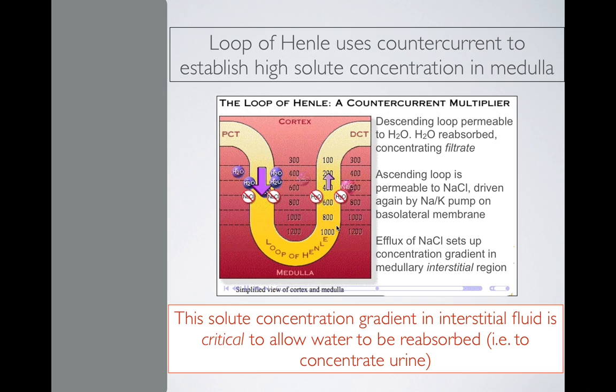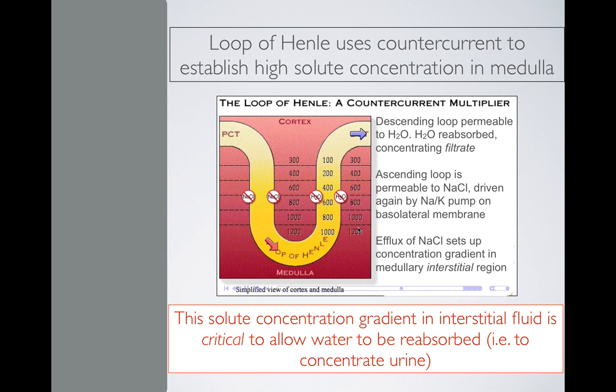This pumping of sodium chloride out is what allows this concentration gradient to stay high on the outside of the filtrate, on the outside of the nephron. So essentially, what is happening here on the ascending limb is setting up what is happening on this side.